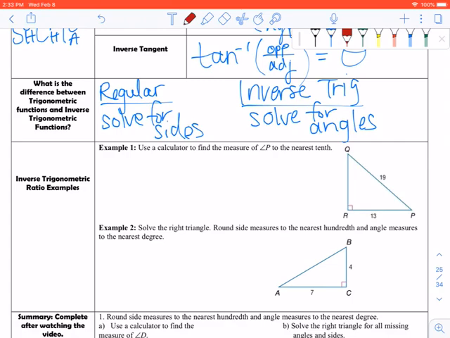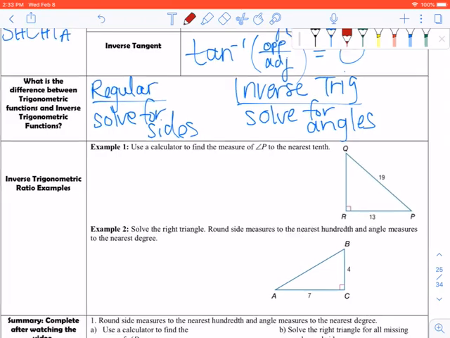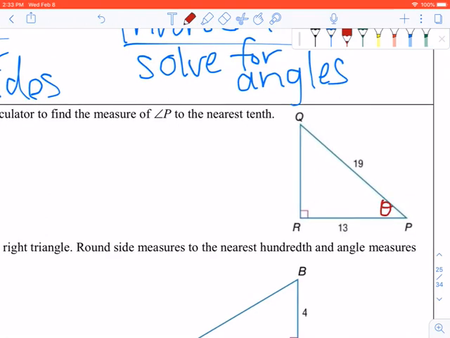So we want to find angle P. I'm going to put theta down there where angle P is. We're looking for that angle, right? When I label the sides, I'm going to label them based on the angle I'm finding. I don't have the opposite side, so I'm not going to end up using it.